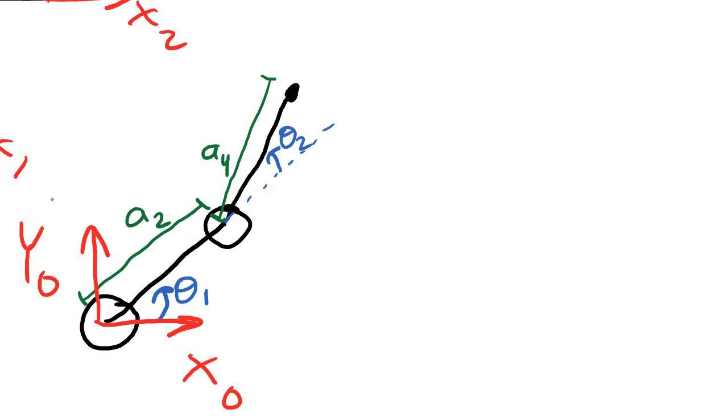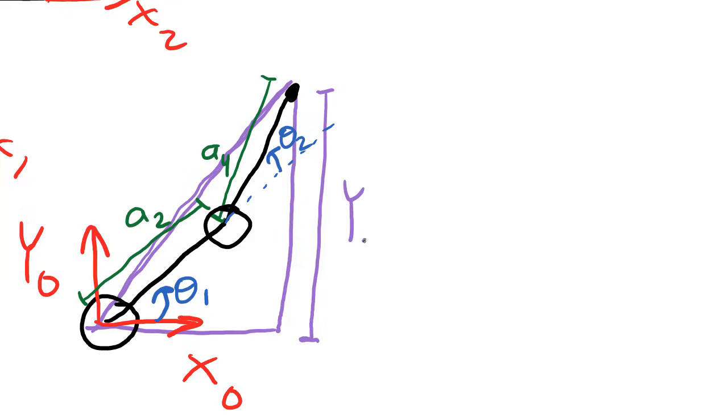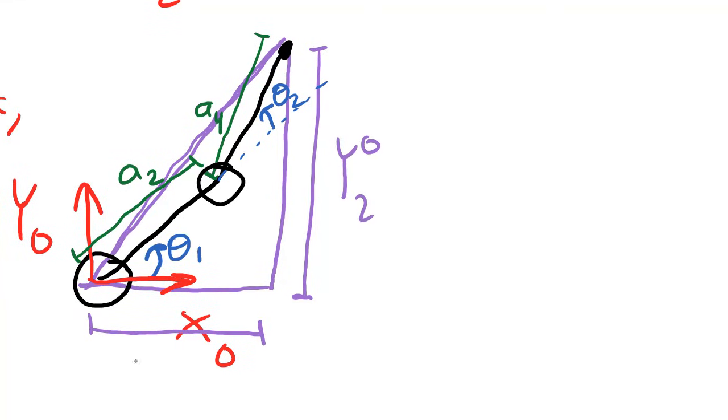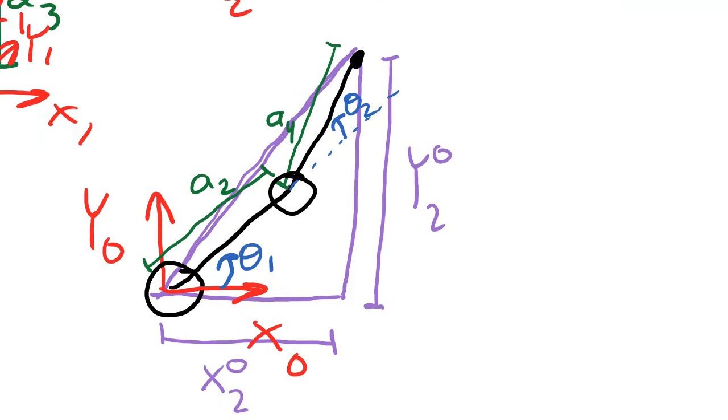I'll start by drawing the triangle that shows me the position of the end effector. This distance here is the Y position of the end effector in the base frame. And this position here is the X position of the end effector in the base frame.